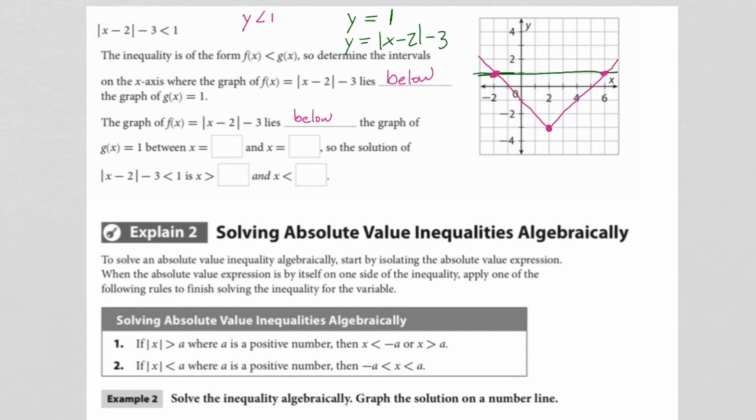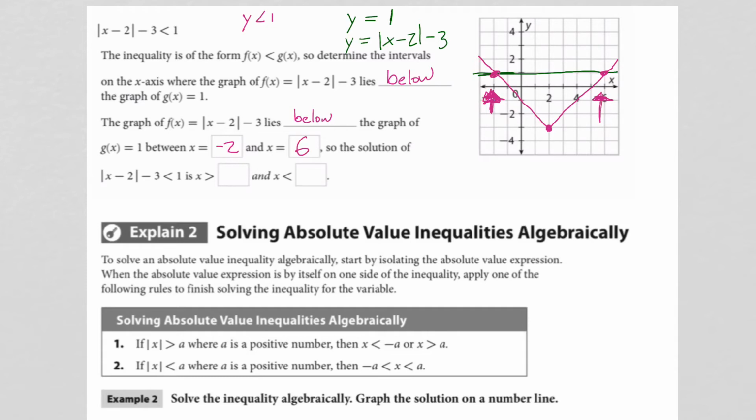And the part of it that does is between the values x is equal to negative 2, right? And you can see that right there as I draw kind of a messed up arrow. And you can also see that there, right? That value is 6.